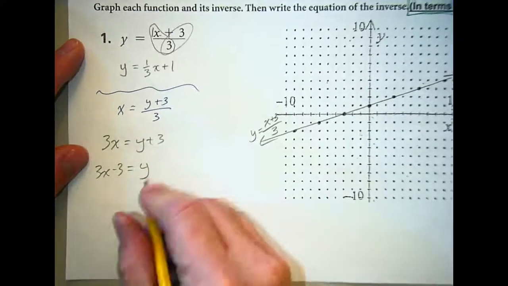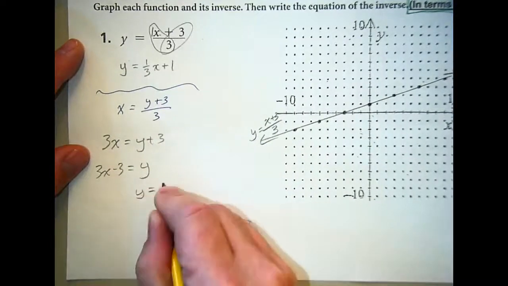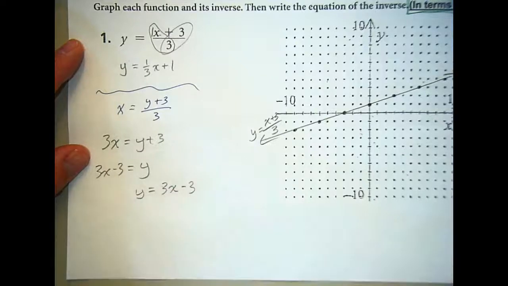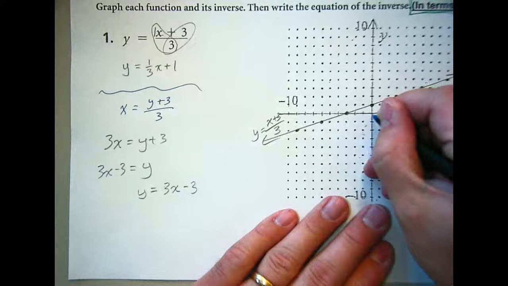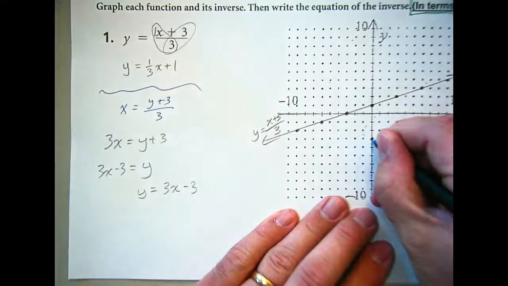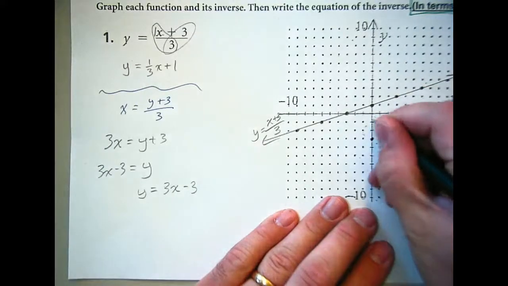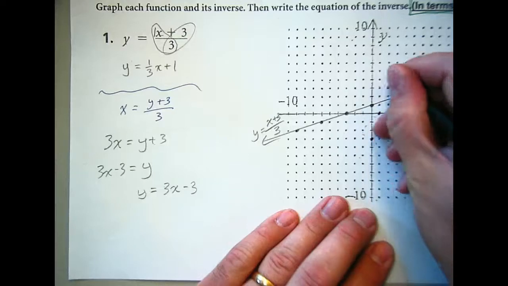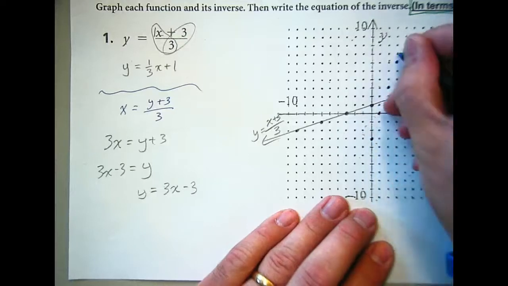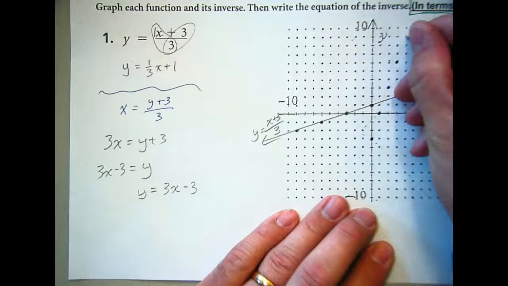If it makes you feel better, you could rewrite it so it looks like this. Good. We go down to negative 3. We rise 3, run 1. Just notice I'm doing this in pen, and I haven't been able to plot most of my points correctly today.